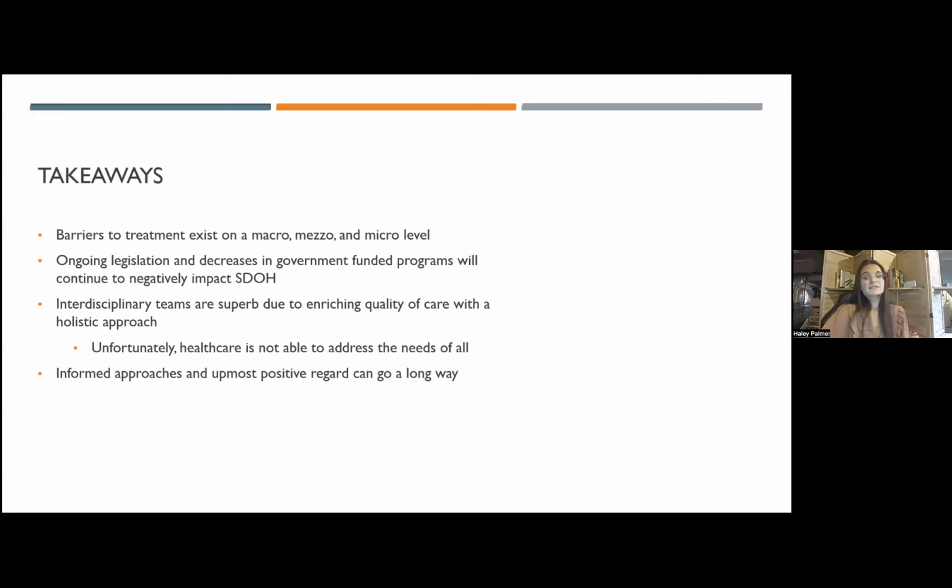Ongoing legislation and decreases in government-funded programs will continue to negatively impact social determinants of health and our patients' quality of lives. Advocating, again, outside of our work and patients' rooms will hopefully positively impact that, but that's a big looming issue. I cannot emphasize this enough. Relying on interdisciplinary teams is superb due to enriching quality of care with a holistic approach. We alone cannot do this. We can't by ourselves.